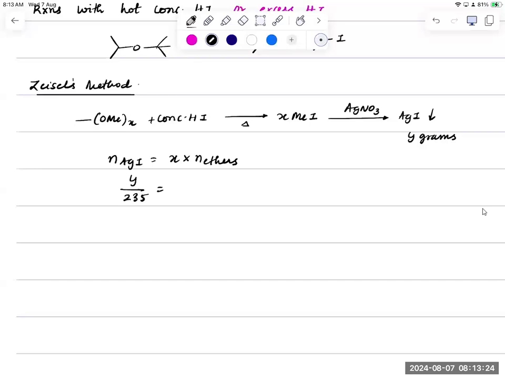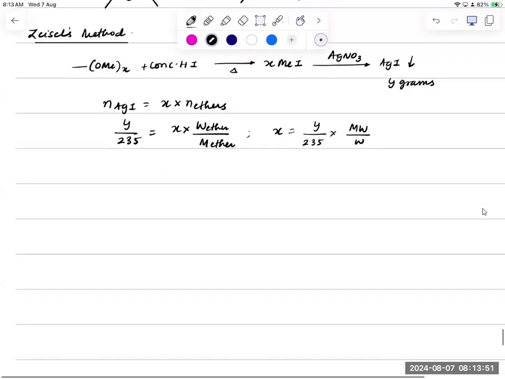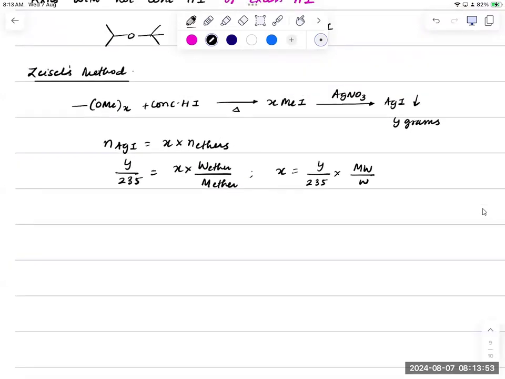That is equal to X into weight of ether divided by molecular weight of ether. So if the ether's weight and molecular weight are given, you can directly calculate the value of X. X will be equal to Y by 235 into molecular weight divided by W. This is Zeisel's method.